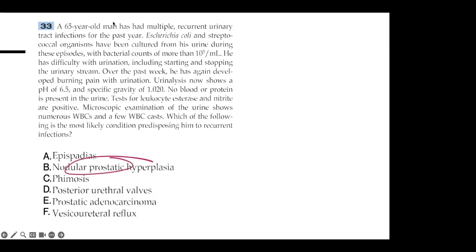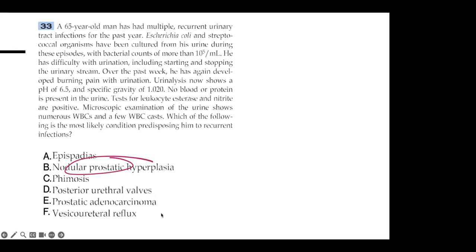Age of the patient: he's 65 years old. When a 65-year-old patient comes up with multiple UTIs, difficulty urinating, things like that, you should always think of BPH or NPH, benign prostatic hyperplasia or nodular prostatic hyperplasia. Someone did say F, vesicoureteral reflux.